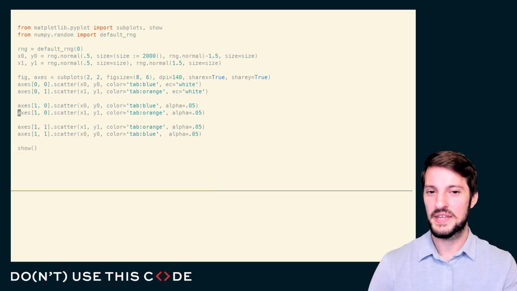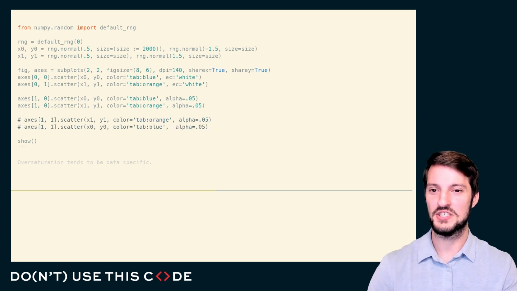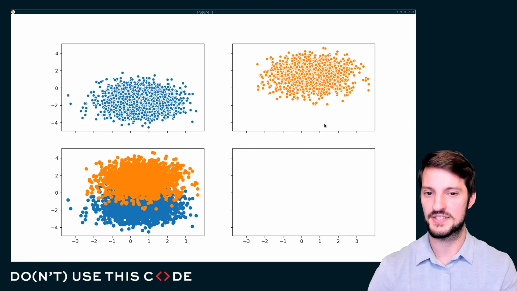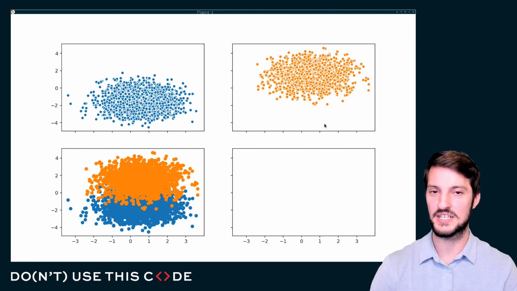By playing with the alpha of each of these scatter plots, I can actually start to see just a little bit more data here. And so let's keep the alpha full just so we have something to measure against. This is what full saturation looks like, or this is almost oversaturation.